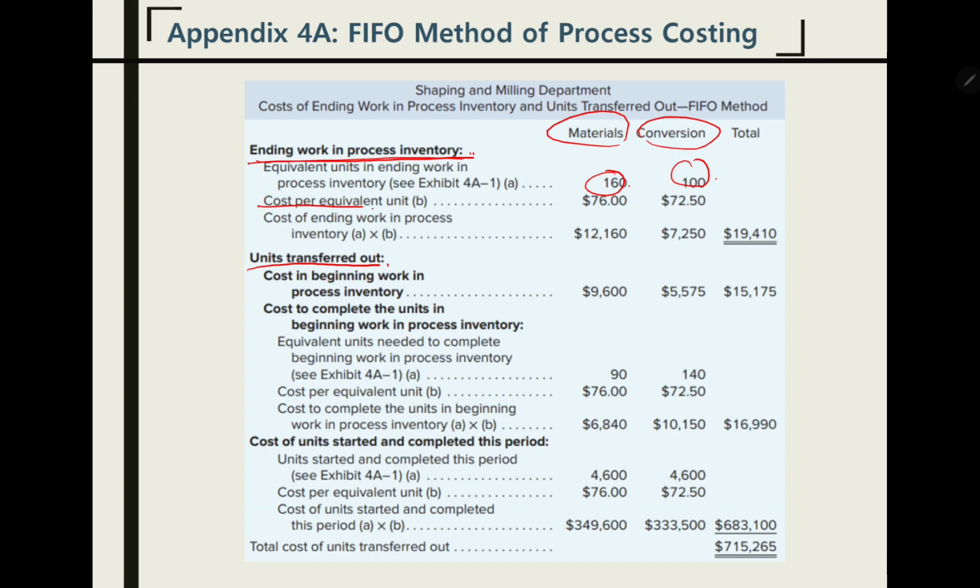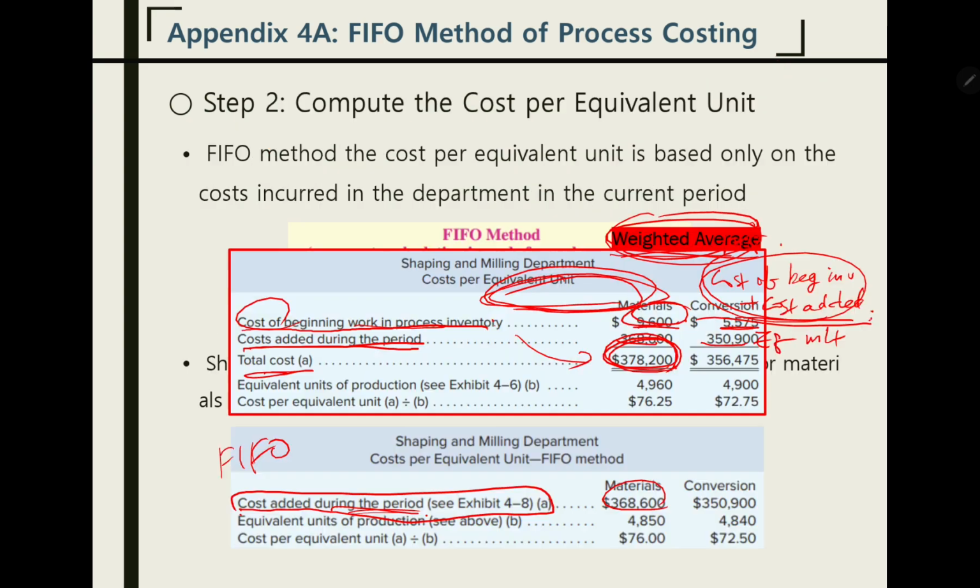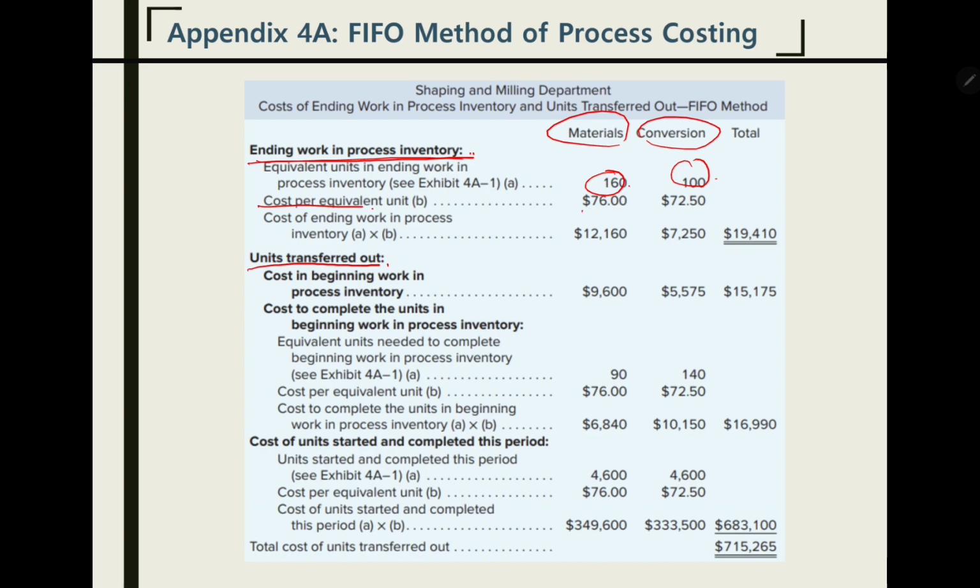Cost per equivalent unit is computed in the second step, right here. Second step. So the cost of ending work in process inventory is computed by multiplying the number of equivalent units times the cost per equivalent unit, right?